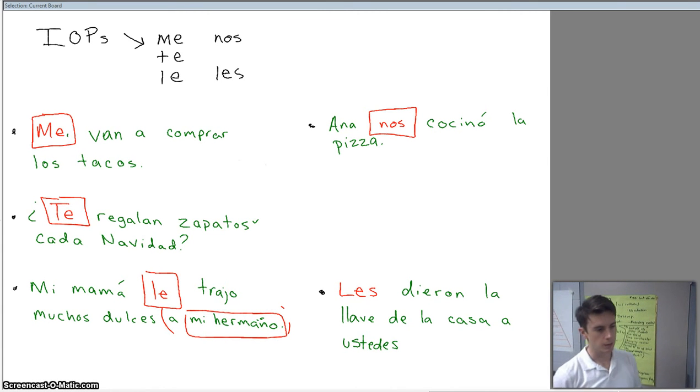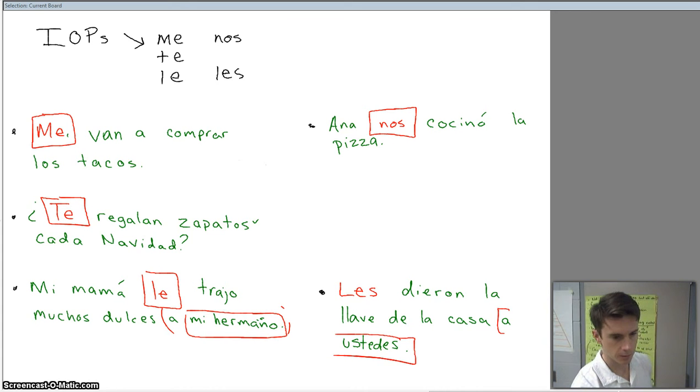The last one. Les dieron la llave de la casa a ustedes. Well, our IOP that's being used is les. Who is it that was given the key? You are correct if you said ustedes. A ustedes.